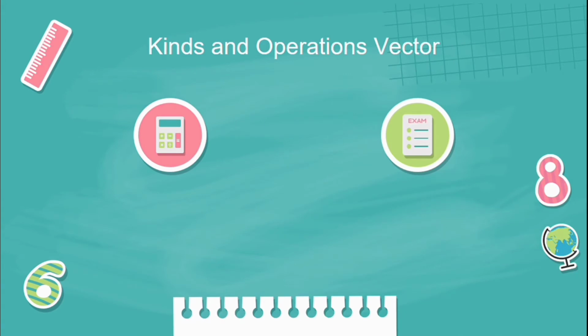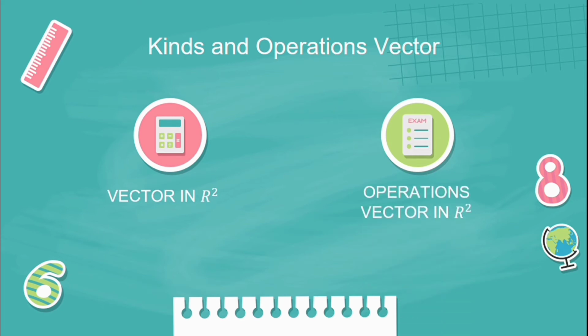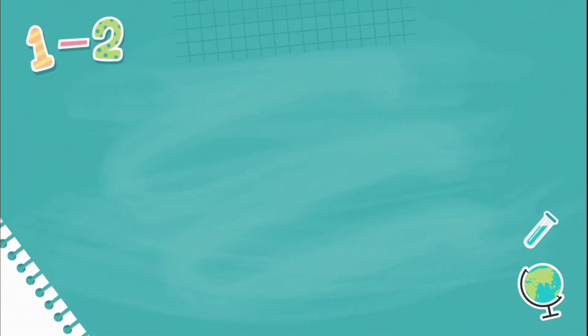And the point of 3, kind and operation of vector. 1 is vector in R square, and 2 is operation of vector in R square. Because a vector is part of vector in R square or R2.